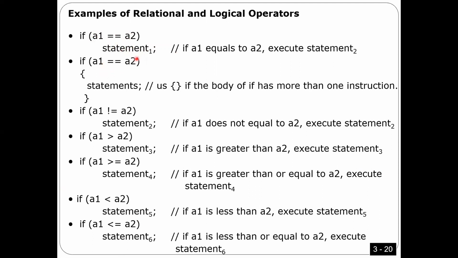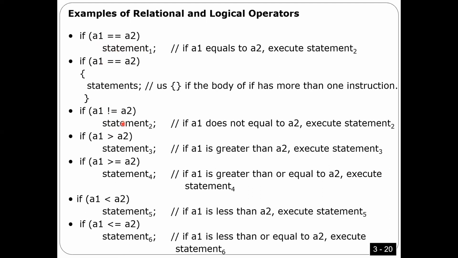If the body of if is only one statement, you don't need braces. If you want to use braces, that's okay, it's not wrong. However, if the body of if is more than one statement, you have to use braces. You can use braces all the time, it's not going to make a difference. However, if only one statement is the body of if, maybe it's easy just to put it without braces.